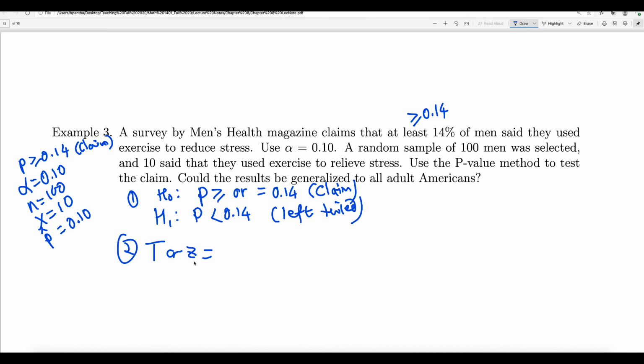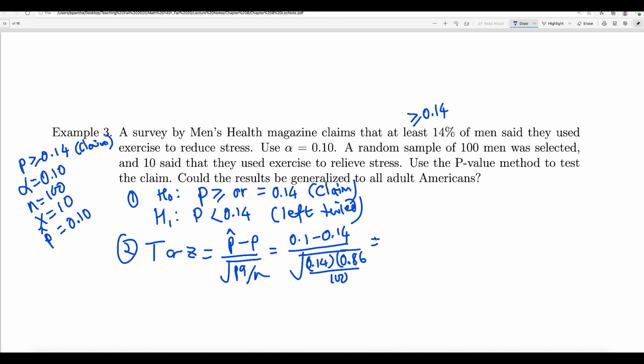Now number 2 is the test value, z. So z equals p hat minus p over the square root of pq over n, right? If you do that, you get 0.1 minus 0.14 divided by the square root of 0.14 times 0.86 over n, which is 100.